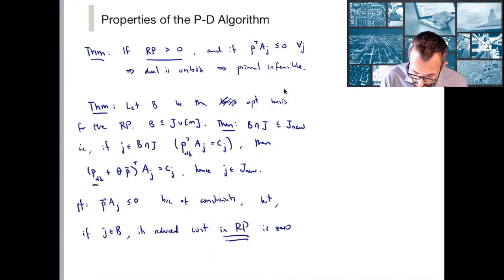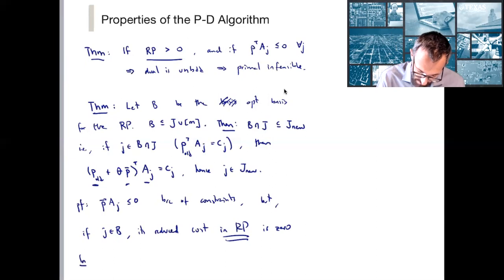And so we know that P old AJ is equal to CJ, and now we know that P bar transpose AJ is less than or equal to 0. The assertion of this theorem is that it's actually equal to 0. And let's see why that's true. It all follows because it's in the optimal basis. Its reduced cost is 0. What is the reduced cost in RP?